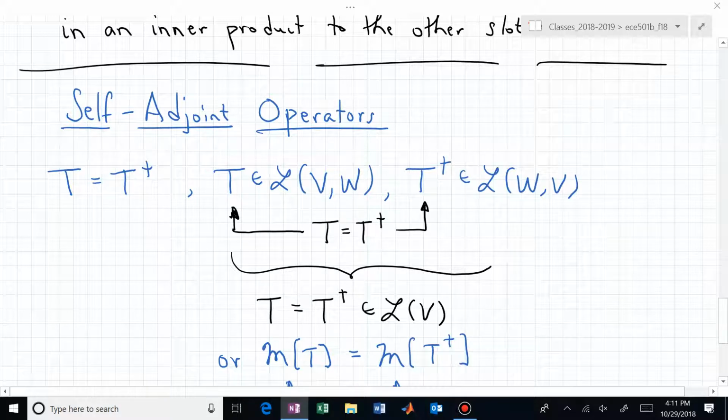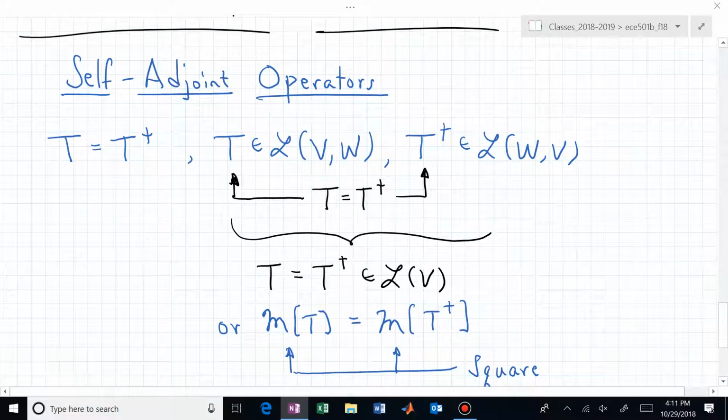If we now talk about self-adjoint operators, now we're saying that the linear map is equal to its adjoint. In general, T, being a linear map, maps from an input vector space V to an output vector space W. The adjoint now maps from W to V, but if we're forcing T to be the same as its adjoint, that tells us that we have to be mapping from one space into itself. So now we're not saying self-adjoint maps, keep me honest.